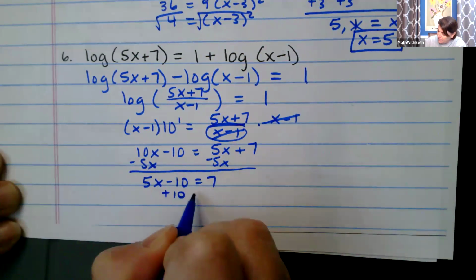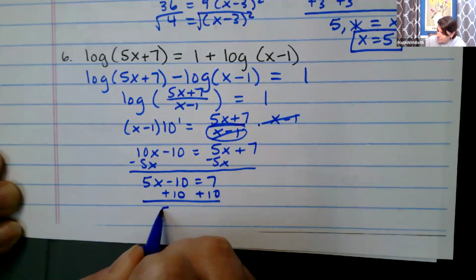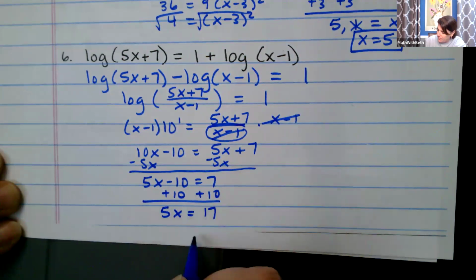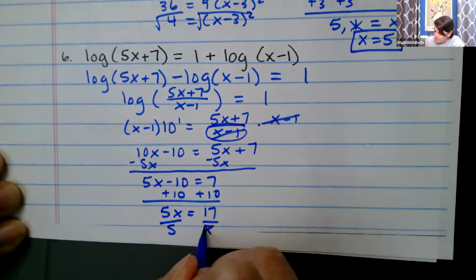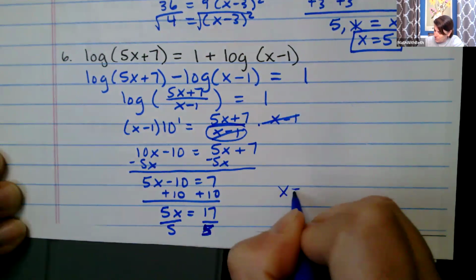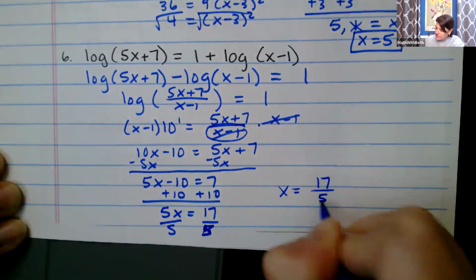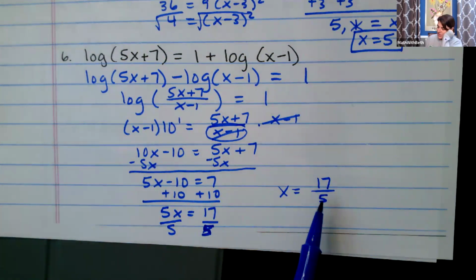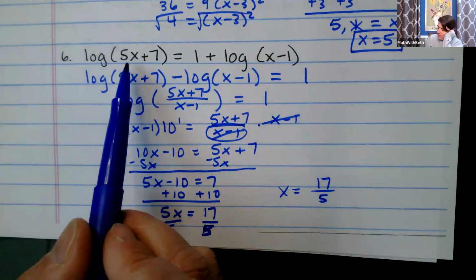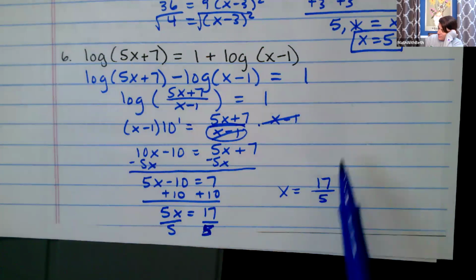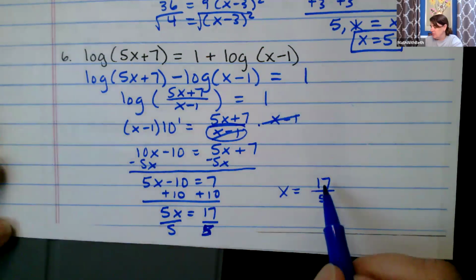Add 10. And divide by 5. So x equals 17 over 5. And just checking, if I plugged it in, that would obviously be positive, and that would be positive, so it's fine.